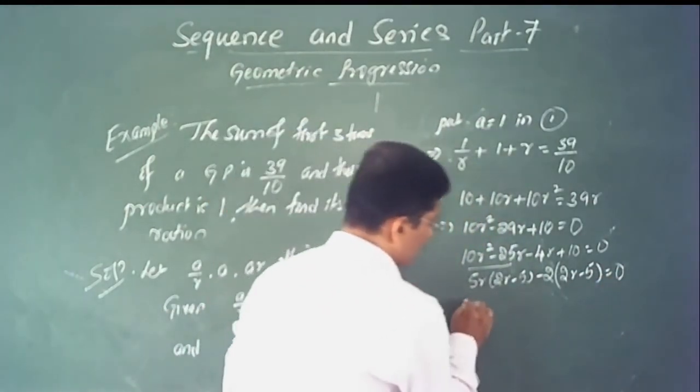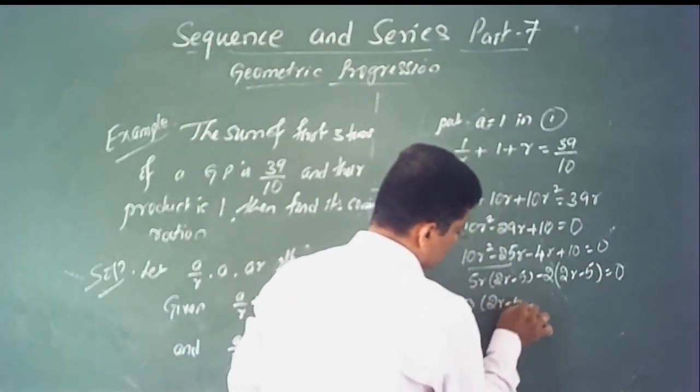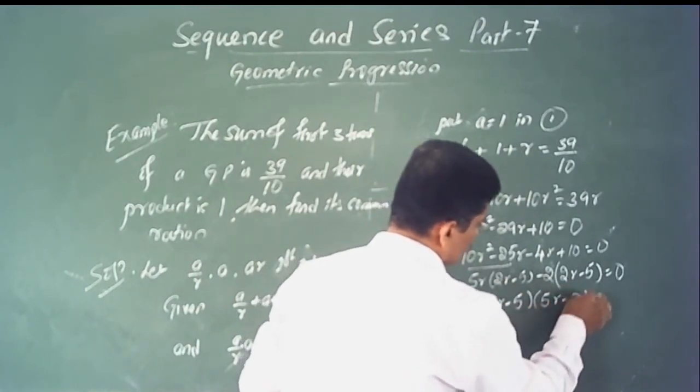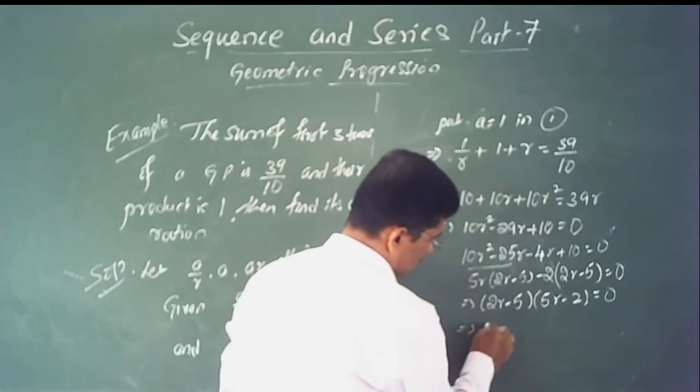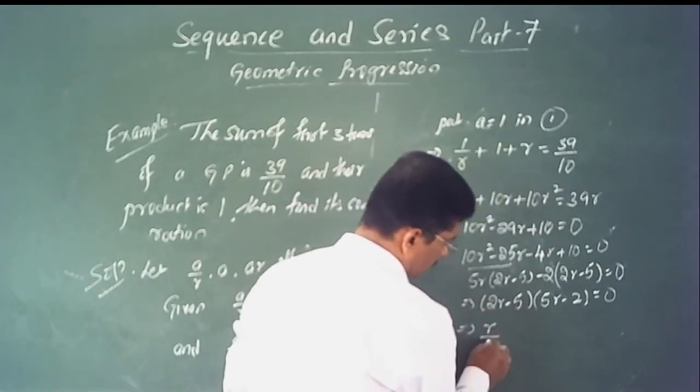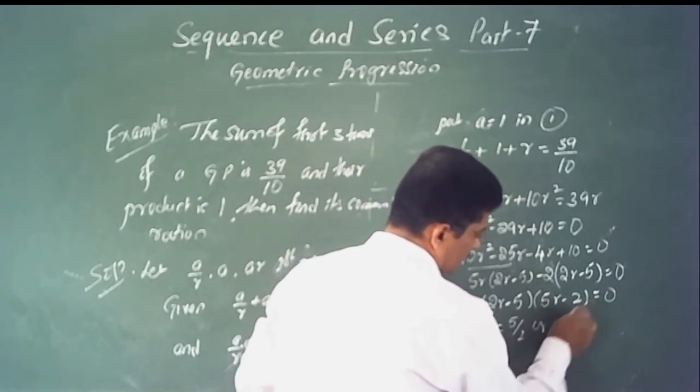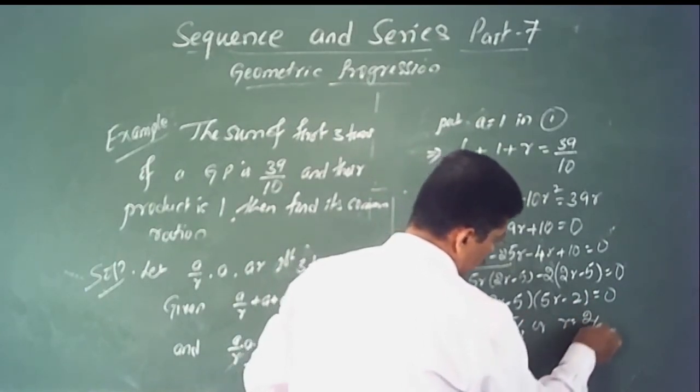Then 2R minus 5 is the common term, so 2R minus 5 into 5R minus 2 is equal to 0. It implies either 2R equals 5, meaning R is equal to 5 by 2, or 5R is equal to 2, meaning R is equal to 2 by 5.